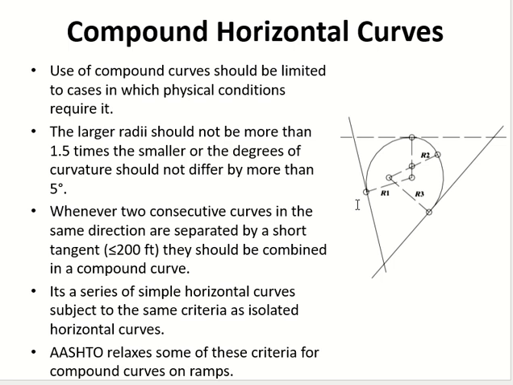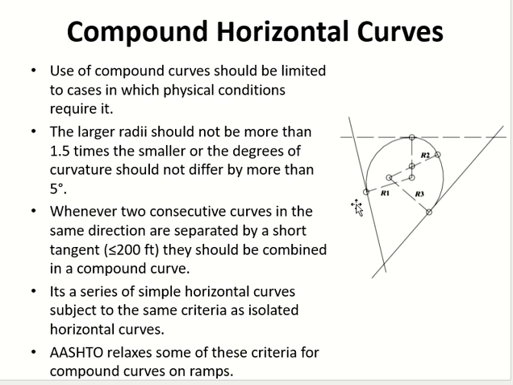Another thing you have to keep in mind is the change in radius from one curve to the other. This change in radius should not be more than 1.5 times. So you have R1, you have R2. R1 upon R2 should not be more than 1.5 times.